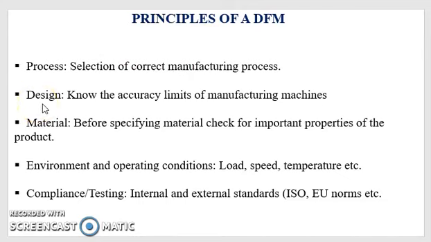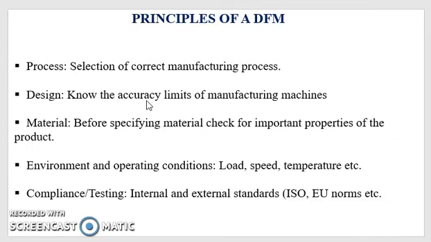The next design principle is design. The actual drawing of the part or product has to conform to available manufacturing processes. Discuss your design with your manufacturing team or contractor to ensure this. Otherwise, the cost of implementing the design would increase.